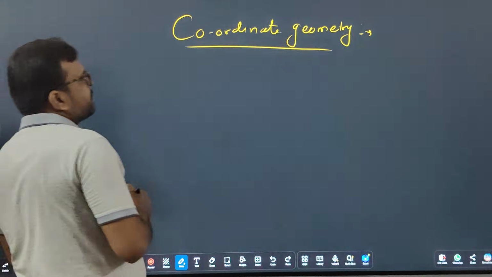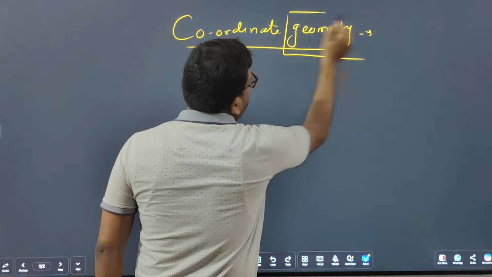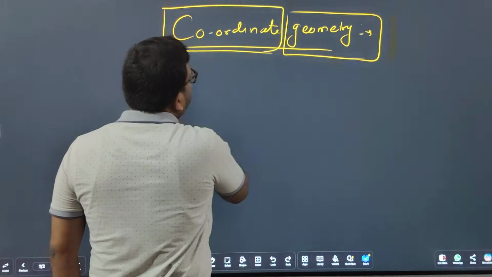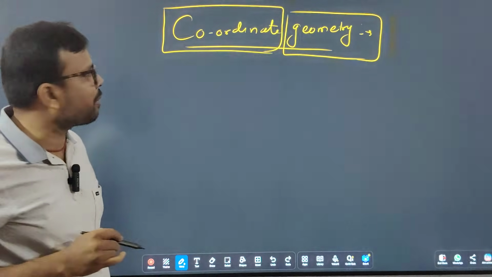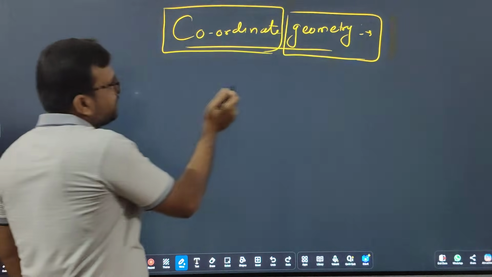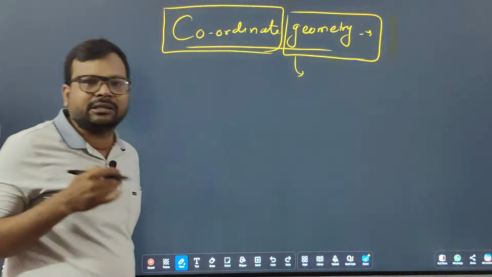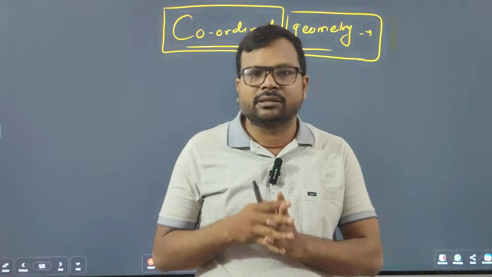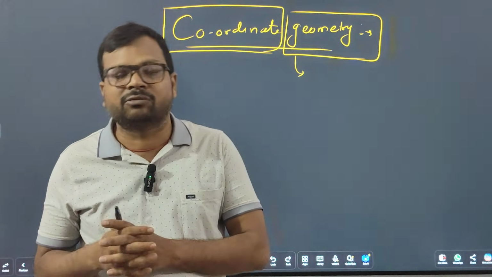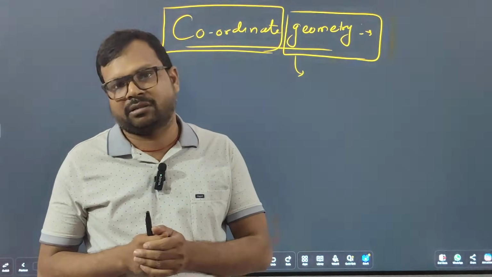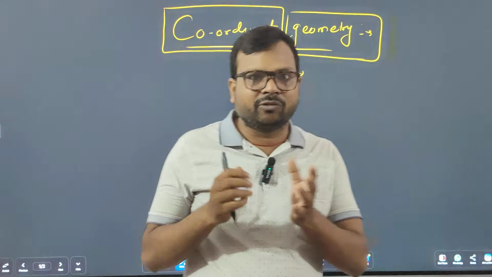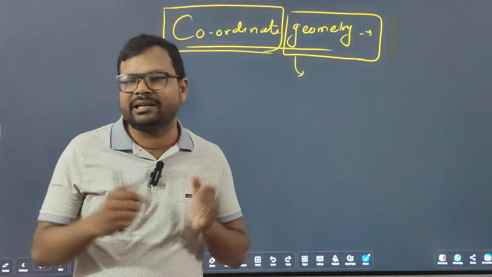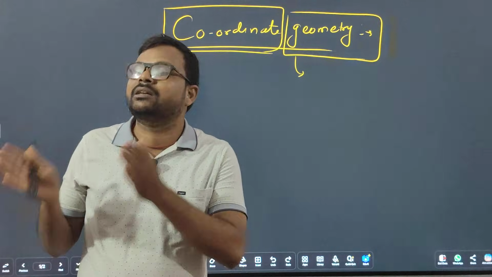Here you can say two words: first is coordinate and second is geometry. So what does coordinate geometry mean? Geometry, as we have already learned in the previous classes, is through which we are able to find the length, areas, volume, each and everything related to points and lines.